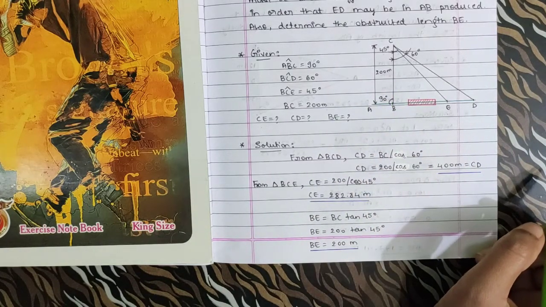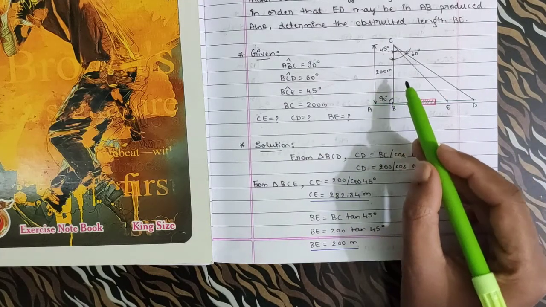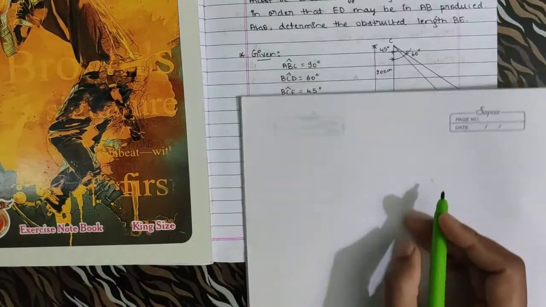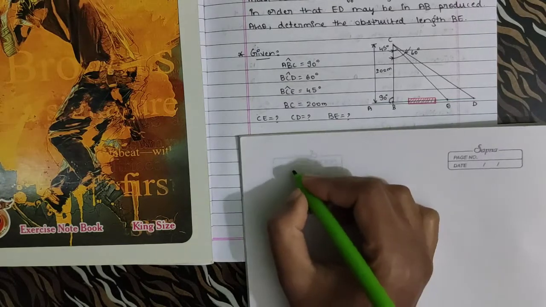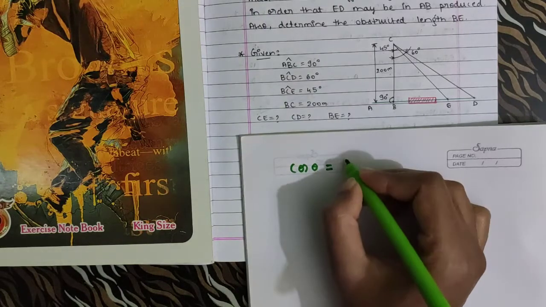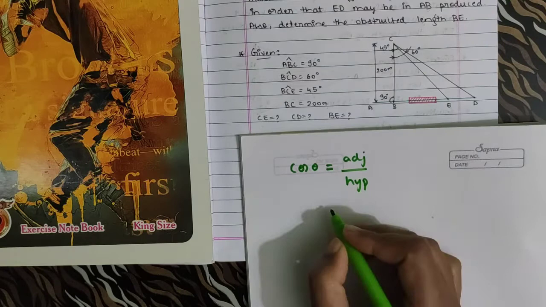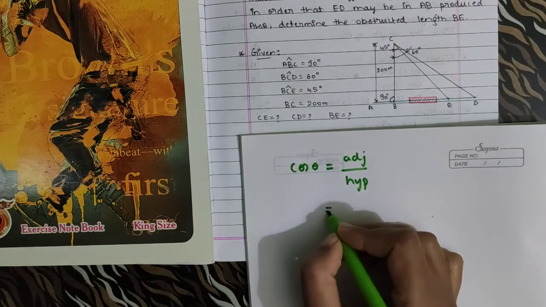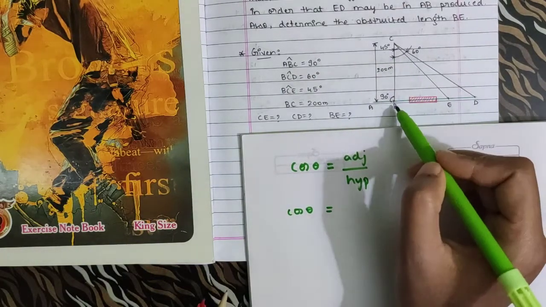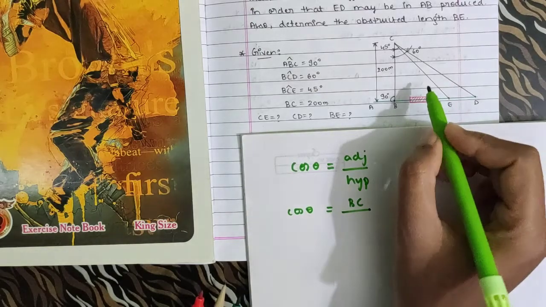So in the sine, cos and tan rules, the one related to hypotenuse and adjacent is cos theta, isn't it? What is cos theta? Cos theta is adjacent by hypotenuse. Here adjacent is BC divided by hypotenuse.